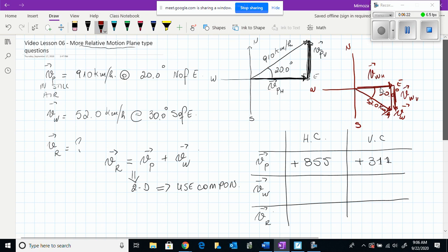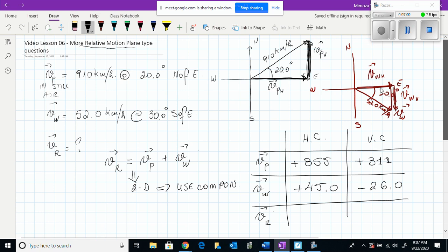The horizontal component is positive because it is in the east direction, and it is found with cosine, so 52 times cosine 30, which is positive 45.0. The vertical component will be negative, found by using sine, negative 26.0.